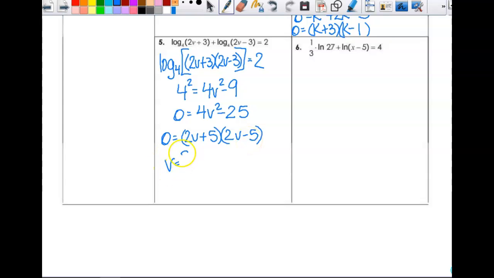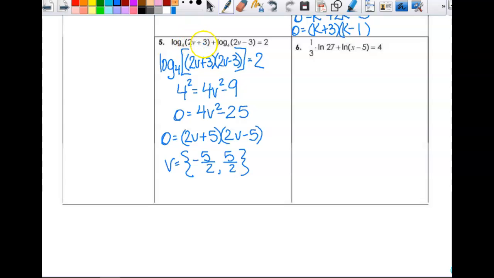So my possible v's. Now, there's nothing wrong with doing plus or minus. However, since we are checking each one and one of them could be no good, I'm going to go ahead and write them separately. So I'd have negative 5/2 and 5/2. Then I have to check my solutions. Negative 5/2, if I put it in here, negative 5/2 times 2 is negative 5.